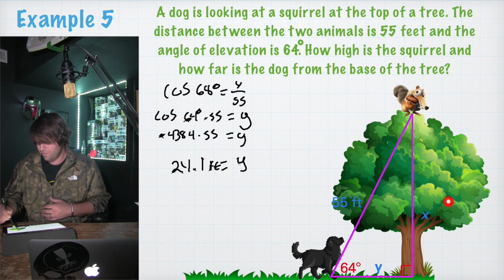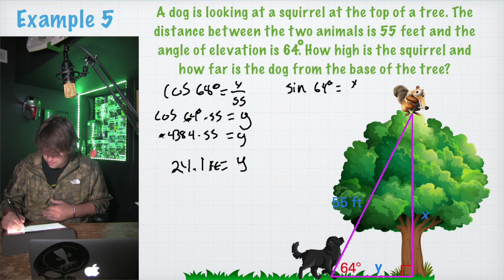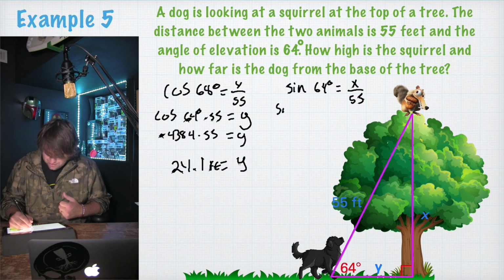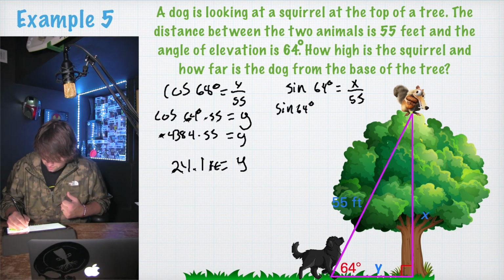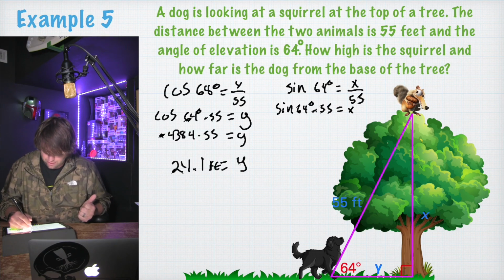So obviously to solve for x, we're going to have to use sine, which is going to be sine 64 degrees again, equals x over the hypotenuse, which is 55. Solving it the same way, sine 64 degrees times 55 equals x. Sine 64 degrees equals 0.8988 if we go to that chart.